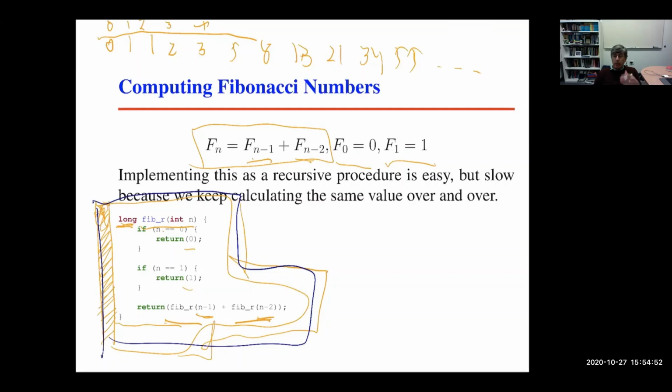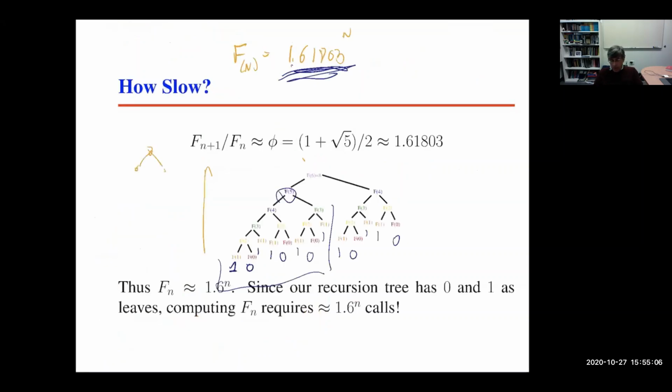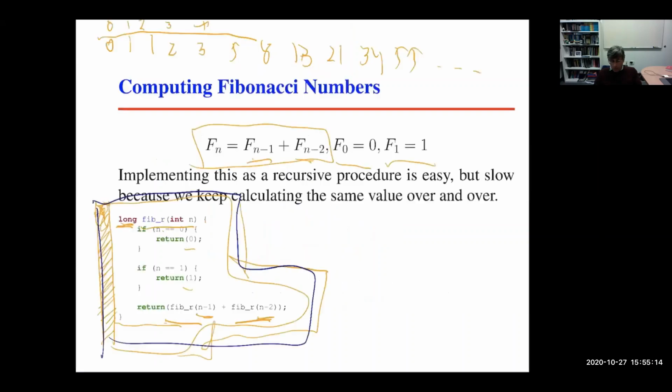This is because it was exponential, and that's going to cause a problem. Any questions? But is there a way to compute Fibonacci numbers that is faster than this? How might we compute Fibonacci numbers faster than this naive recursive program?